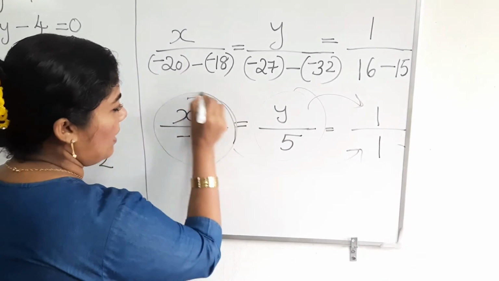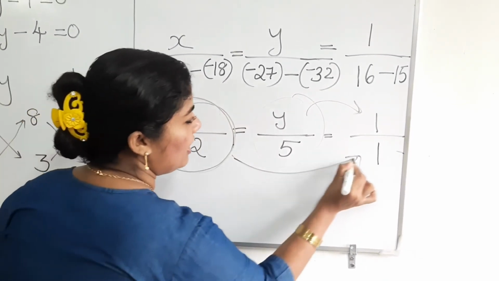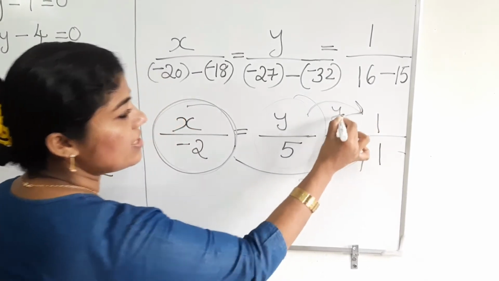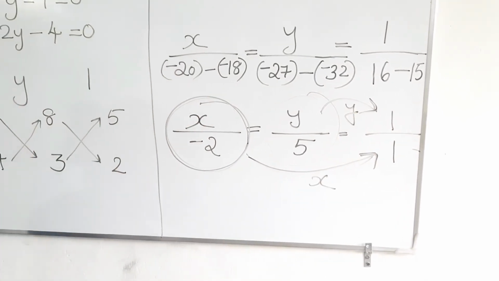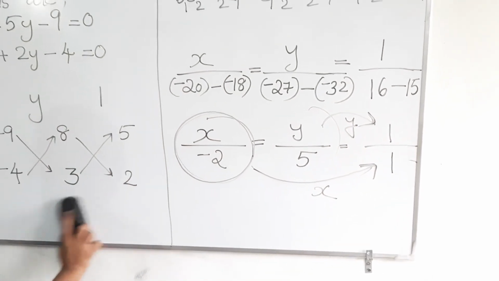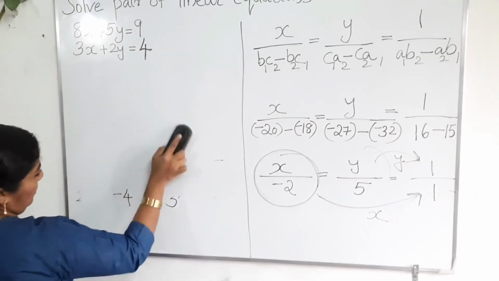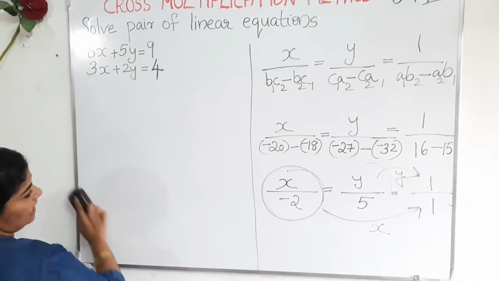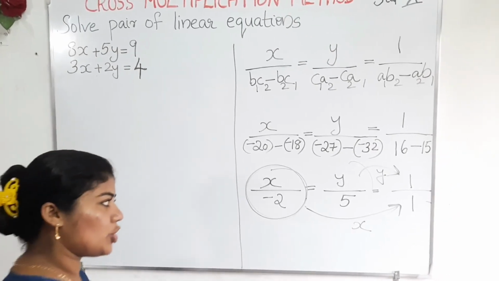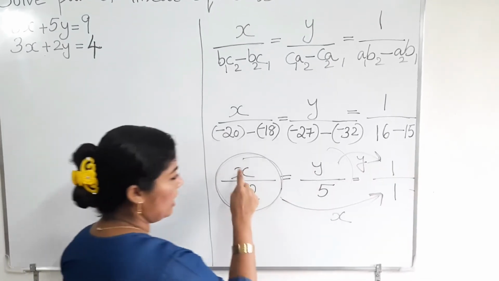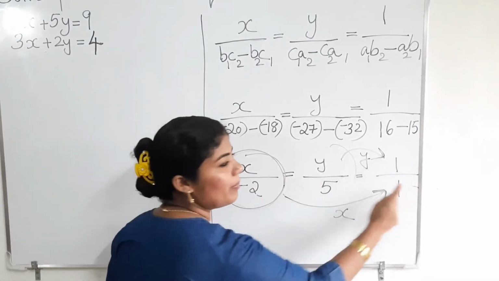Here, by comparing the first one, we will get x. Here, we will get y. Okay, so let's write that step. So we are going to find what is x and what is y here. So just comparing x divided by minus 2, only take the first one and the last one. X by minus 2 and 1 by 1.